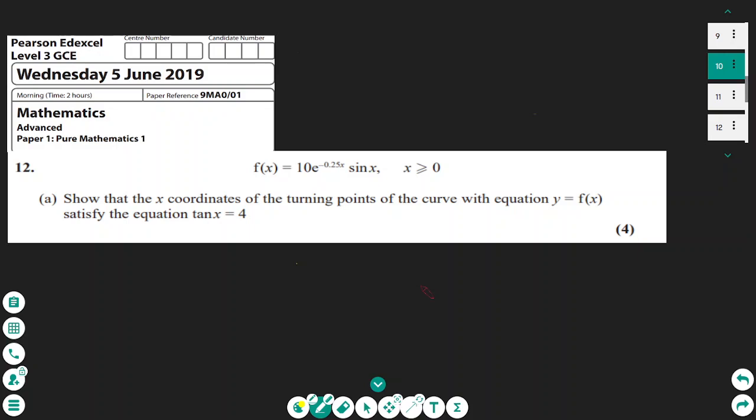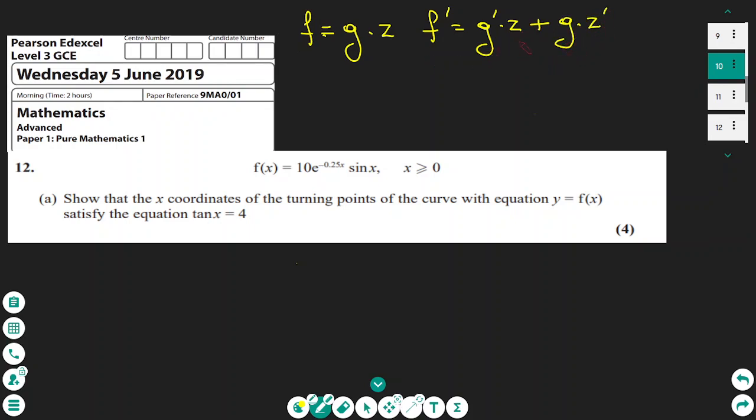To find the turning points and this equation tan x = 4, we need to differentiate the function f and make it equal to 0. Since the function is a multiplication of two other functions, g and z, the derivative is g' z plus g z'.